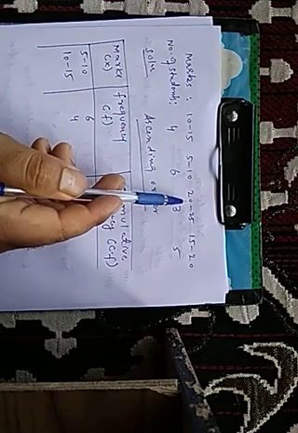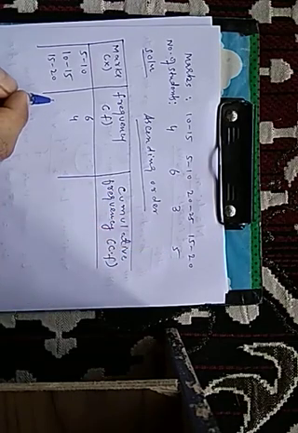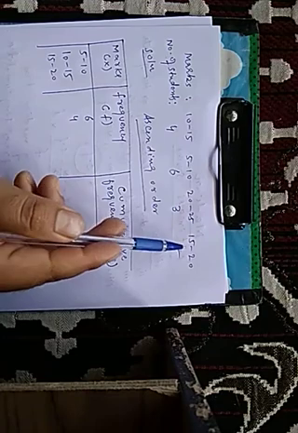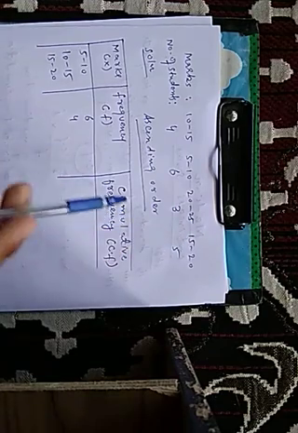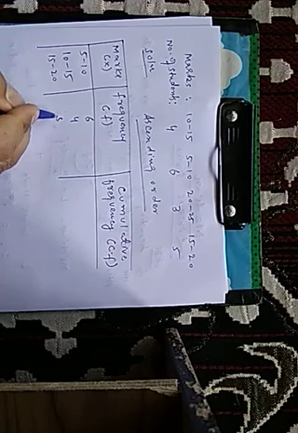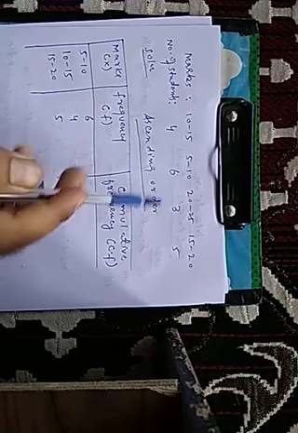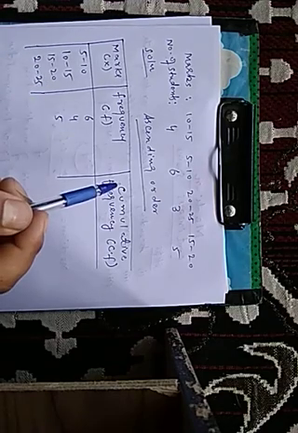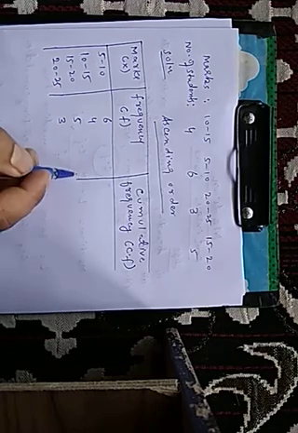Thereafter the next class interval will be 15 to 20, and the number of students who have marks from 15 to 20 is 5 students. And the last one is 20 to 25, and there are 3 students who have got marks between 20 to 25.